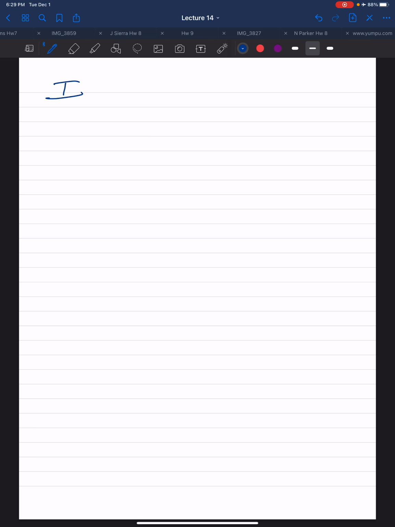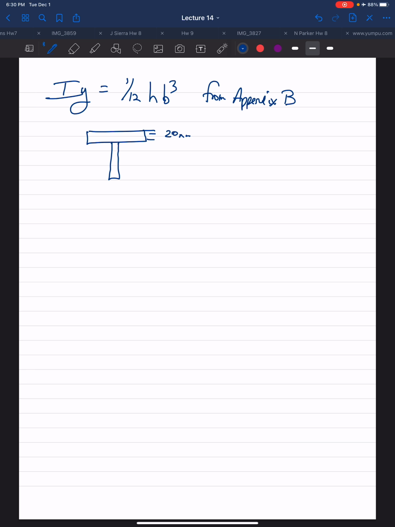Let's go to another page. It's from Appendix B. So then we've solved 2/3 of the problem statement.